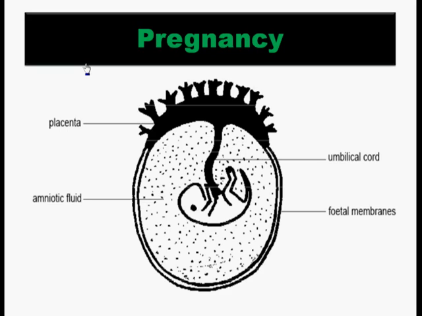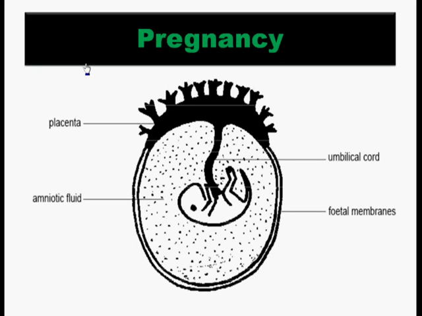As it goes, it divides by mitosis. After several hours, it has formed a ball of cells, as you saw, and this is called an embryo. Now the embryo obtains food from the yolk of the egg. All right?